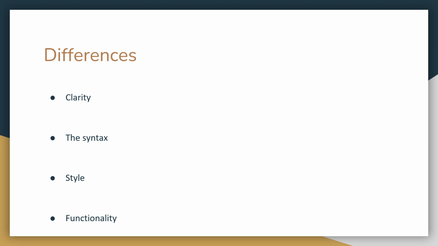When it comes to the style, mine is more descriptive, while ChatGPT's is made more properly and formally. And then the functionality of it is that mine just describes the steps, but I forgot, I didn't put a function, while ChatGPT put a function.